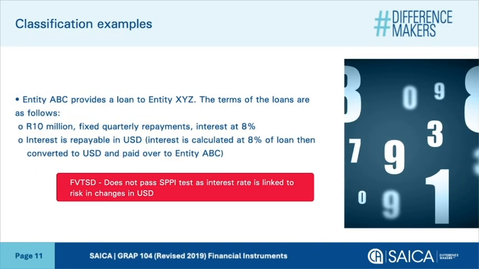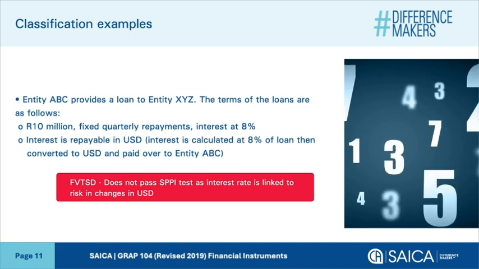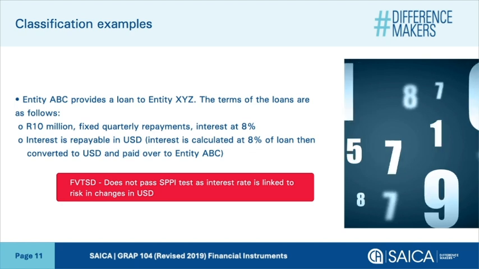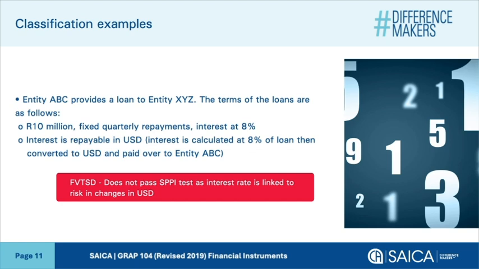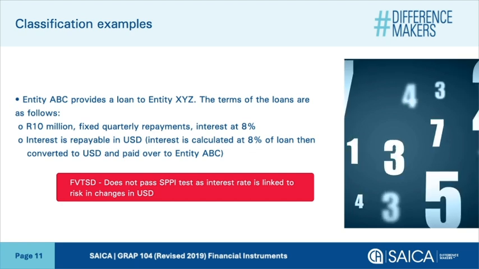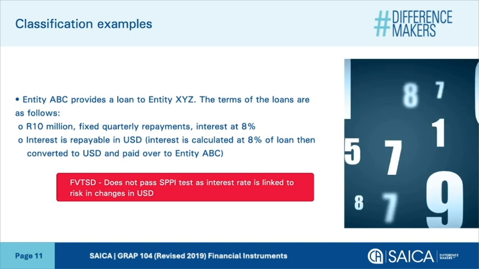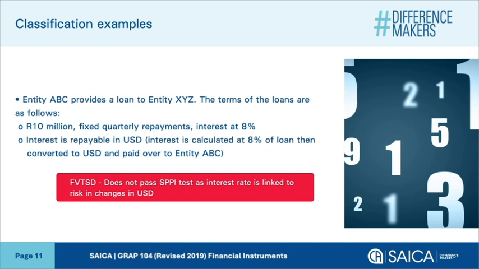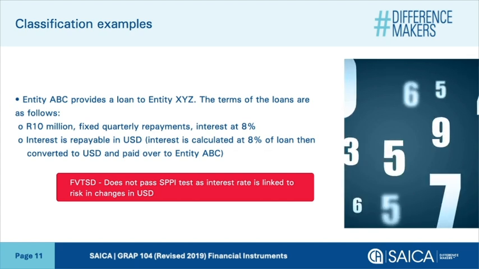Let us consider example 3. Entity ABC provides a loan to Entity XYZ. The terms of the loan are as follows: 10 million rand with fixed quarterly repayments and interest at 8%. Interest is repayable in US dollars. The interest is calculated at 8% of the loan, then converted to US dollars and paid over to Entity B. How would the loan be classified?